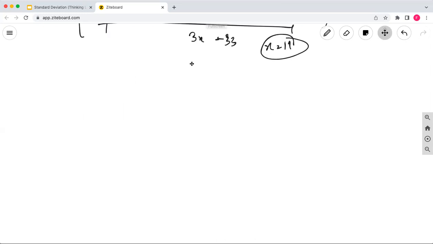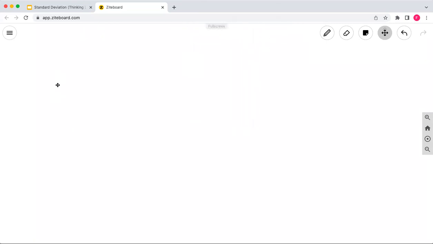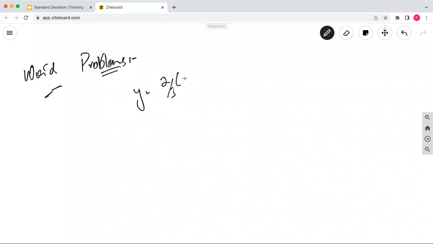There is one more way in which the standard deviation could be asked. That is more probably in the word problems form. You will be provided with the whole scenario, and we will see one question when we start solving. In that question, we are provided with an equation like y is equal to 2 by 3x plus 22. In that scenario, in a class, we have some number of students, and their actual scores' deviation is x.